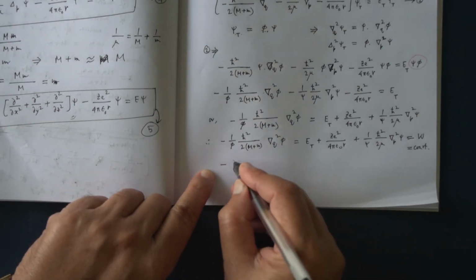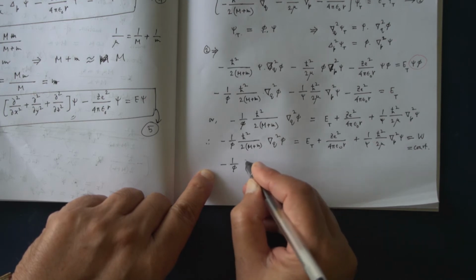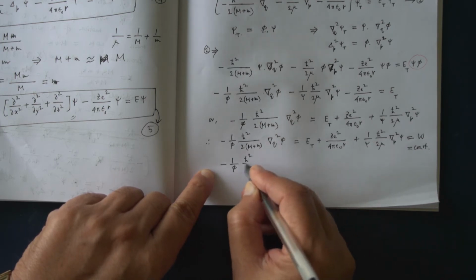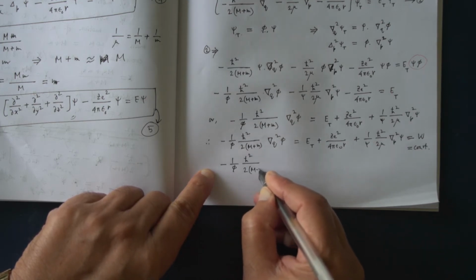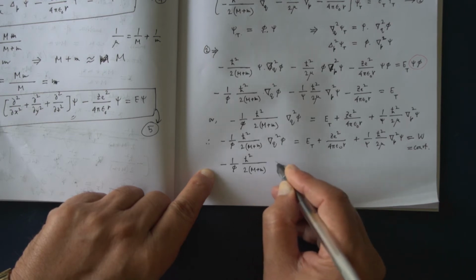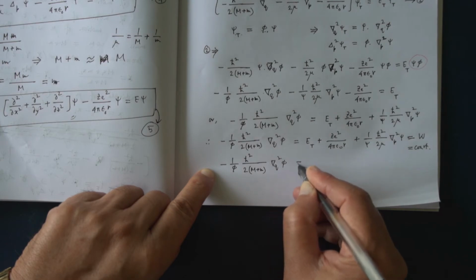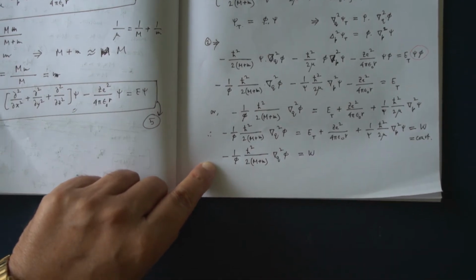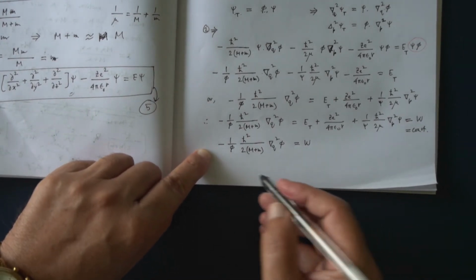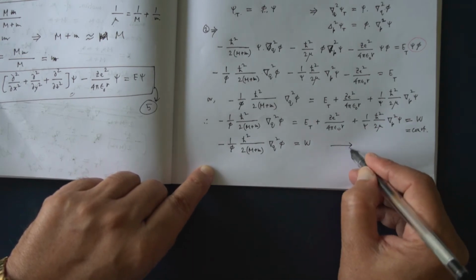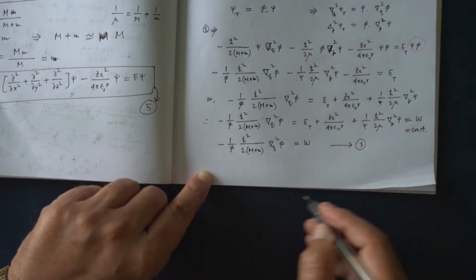One equation is this: 1 by phi h bar square by 2m plus m del q square phi equal to w. This equation is, say, number 3.